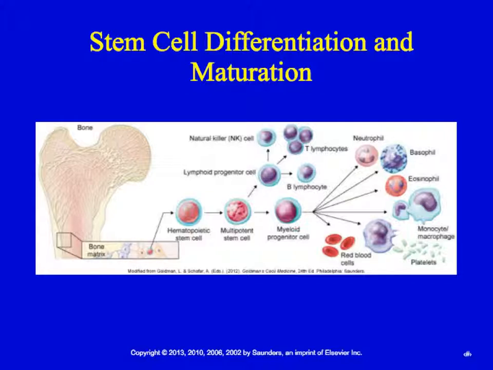The bone marrow is where most of the stem cells are produced, and then they differentiate into specific cells throughout the body. This is important to understand as we talk about each of these blood cells, where they come from, and why anything that affects the bone marrow can actually affect the platelets, the white blood cells, the red blood cells, and all that. We'll talk about that as we go along.